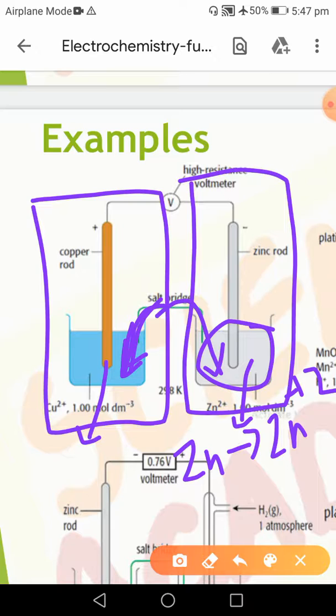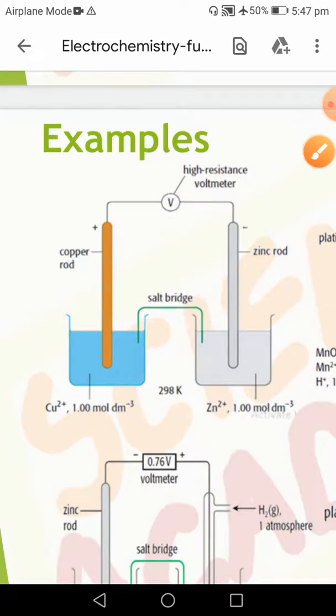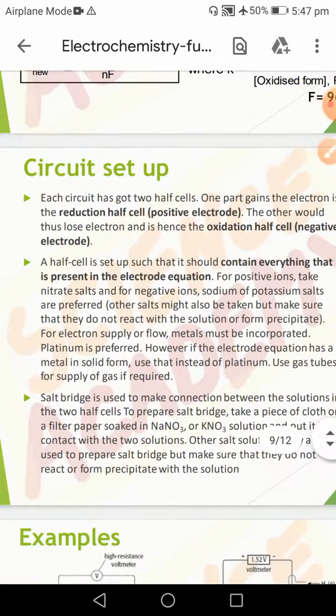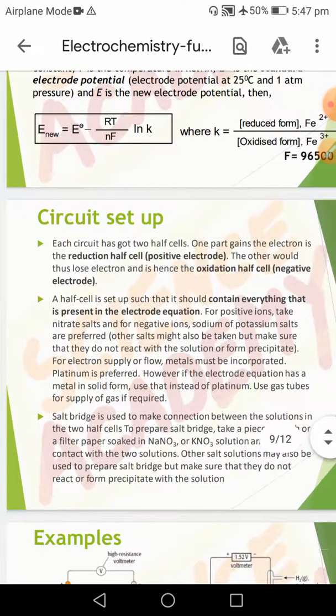So how is a salt bridge made? A salt bridge is very simple. Take a tissue paper or a filter paper or a very good soaking cloth, and soak it inside a solution which contains an ionic compound, which may be sodium nitrate or potassium nitrate.